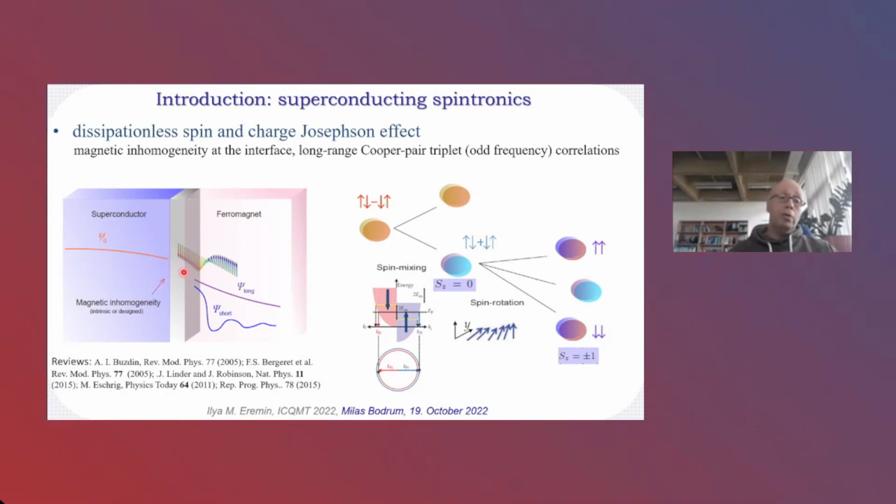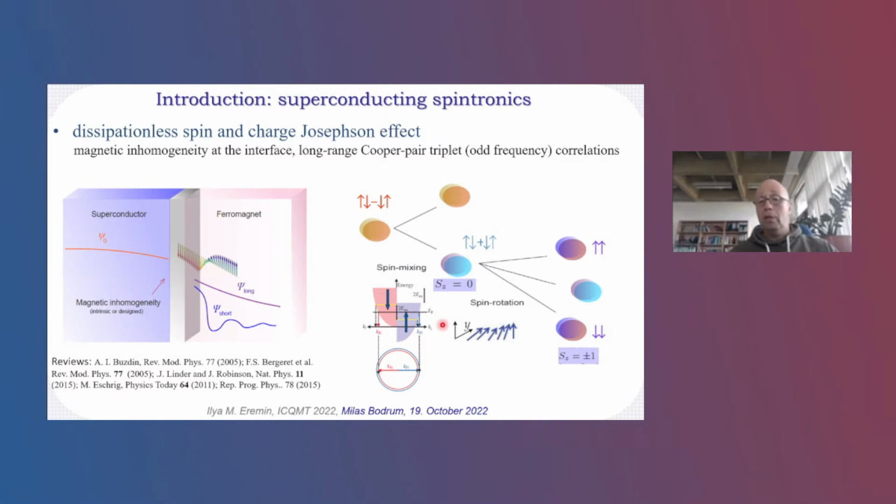What is known is that if you have a ferromagnet and an inhomogeneous magnetization at the interface between the ferromagnet and the superconductor, the quantization axis is rotating. This means that when the spin singlet Cooper pair wave function penetrates into the ferromagnet, its quantization axis starts to rotate.